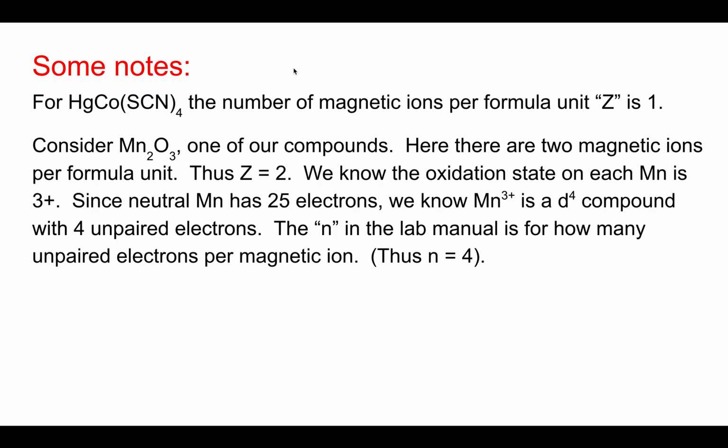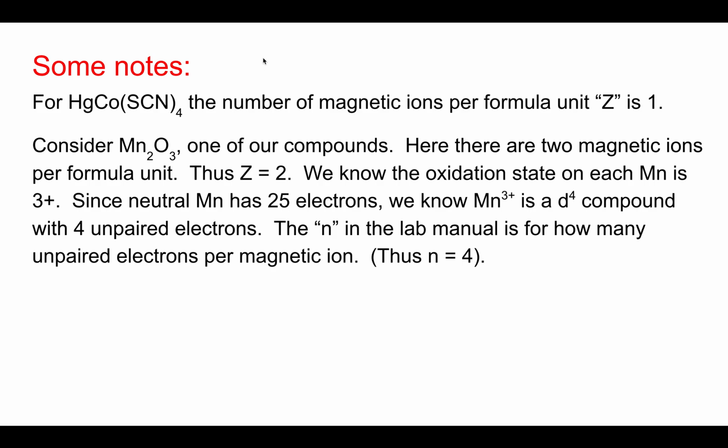This lab is, I really wish you could do this in person. You can come back and do it in person. The numbers and the number of unpaired electrons, it all works out perfectly. So this one, Mn2O3, I think, there's 2 magnetic ions per formula unit.